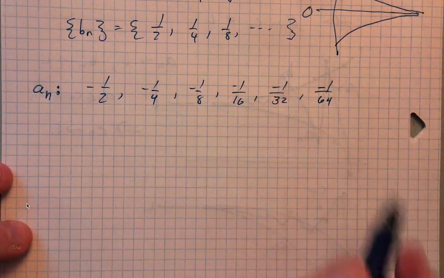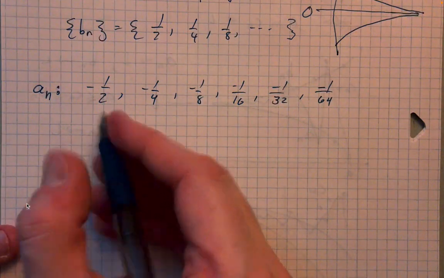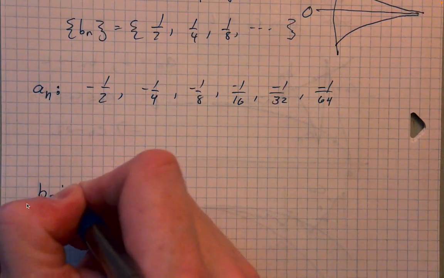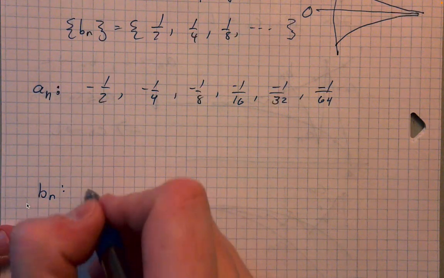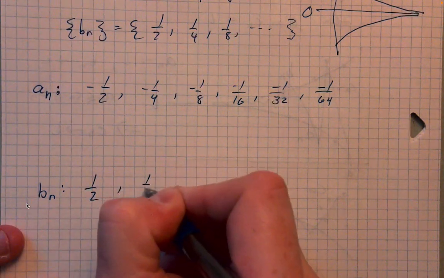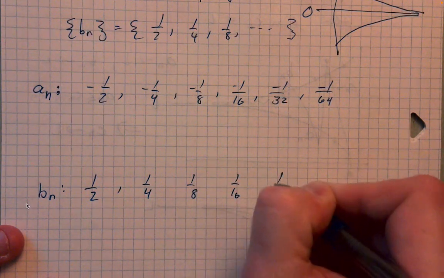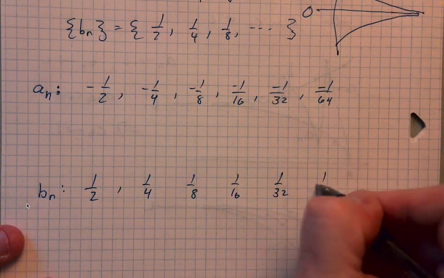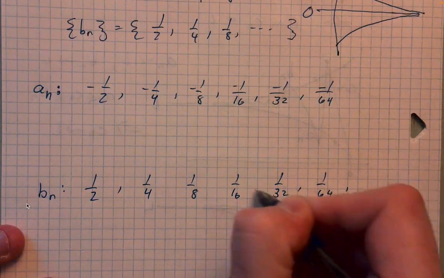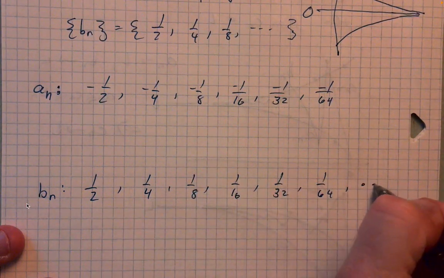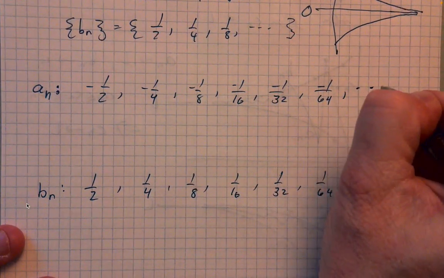Just doubling every time. What does b of n look like? Let's put b of n down here. This is 1/2, 1/4, 1/8, 1/16, 1 over 32, 1 over 64. And remember these are going to go on forever. These are just the first couple.